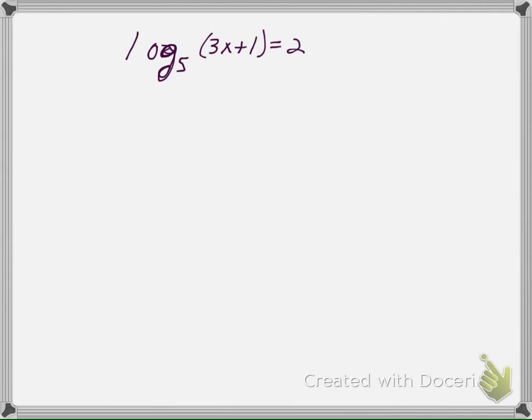Here we have 2 sides of the equal sign, obviously equal to each other because it says so, right? We are going to make these sides become exponents. That's totally legal. We can make them become the exponents, and we can pick any base we want, as long as those bases are the same on both sides of our equal sign.